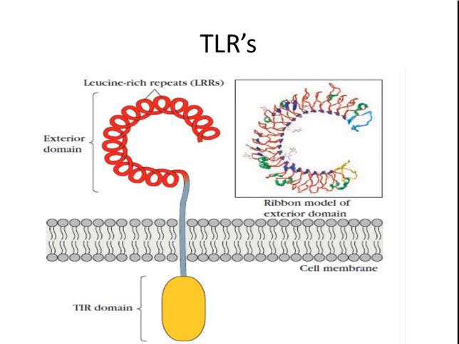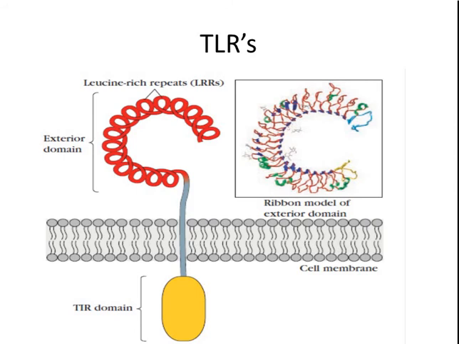Intensive work over the last decade and a half has identified multiple toll-like receptor family members in mice and humans.